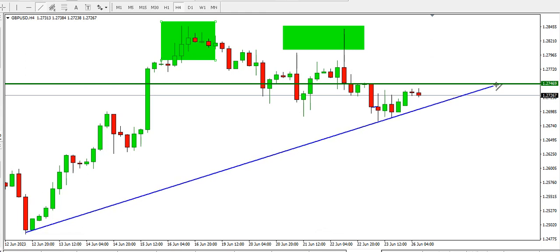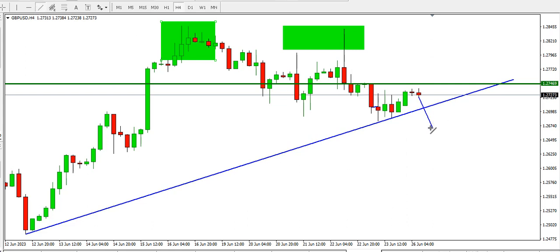The overall trend is still bullish, but price is trying to drop until we see a drop below this ascending trend line, for us to have something like this, and then a retest of that level for us to see a drop. Now the drop, first of all, we have this order block around here.